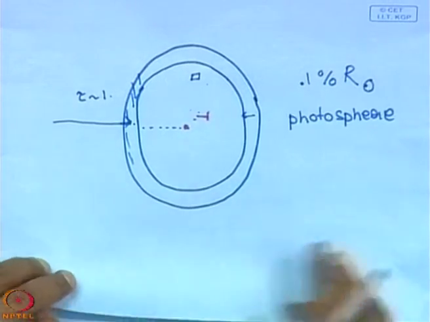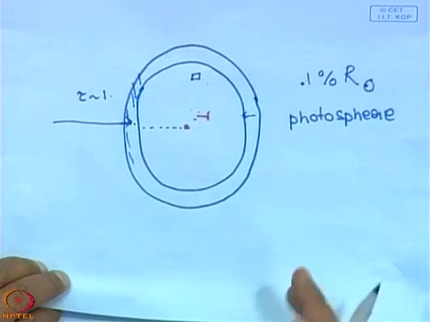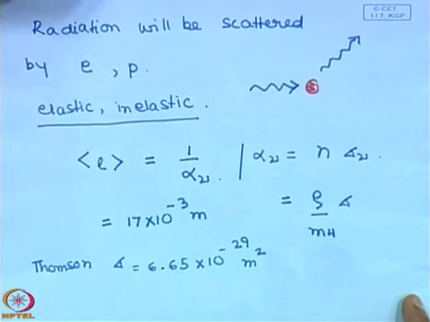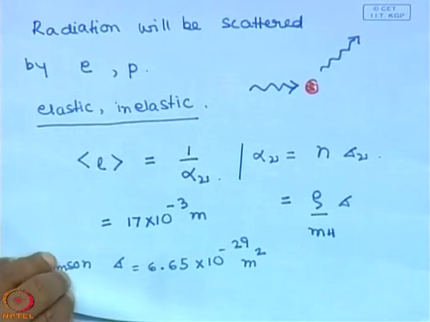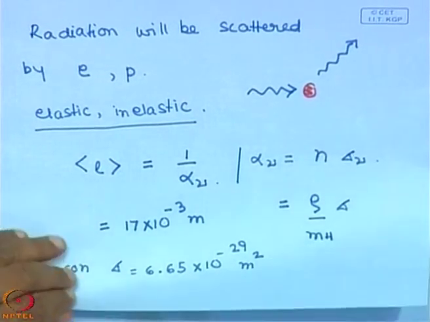So, let us try to make a more quantitative description of this. Now, we have studied radiative transfer. So, let us see what happens if you try to use radiative transfer to describe this process of scattering. Okay.